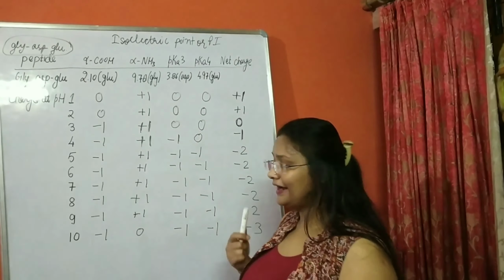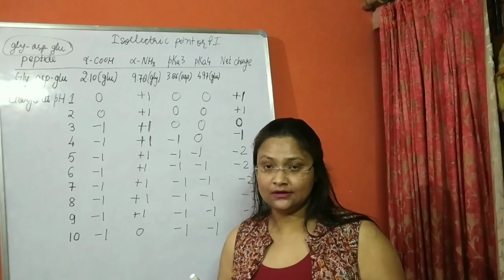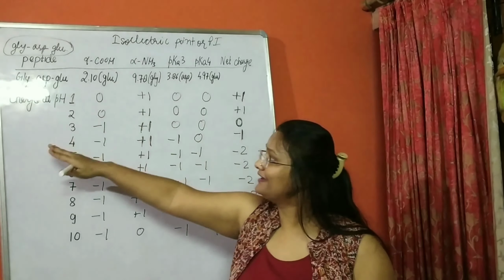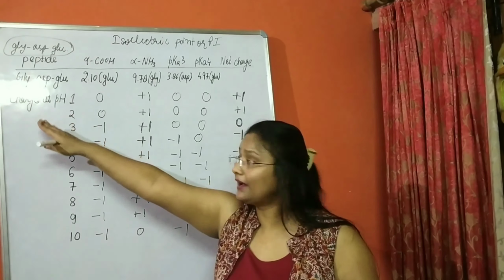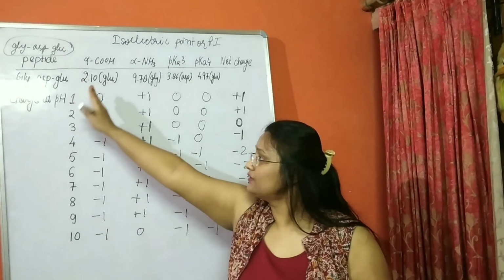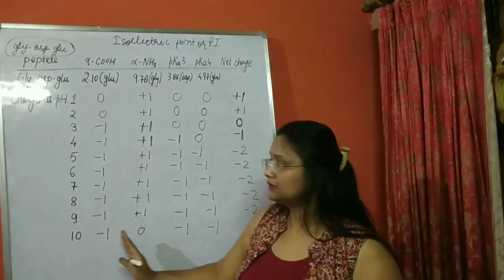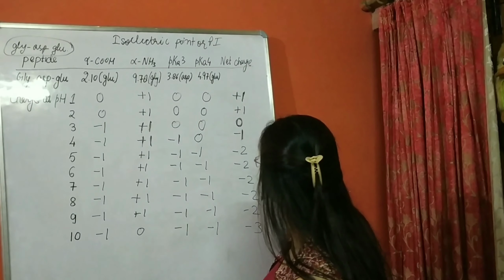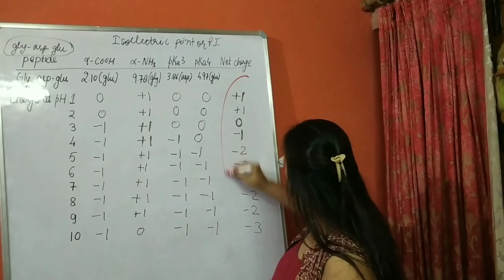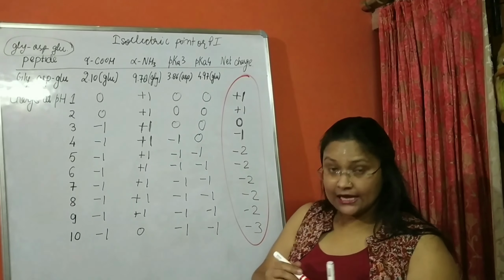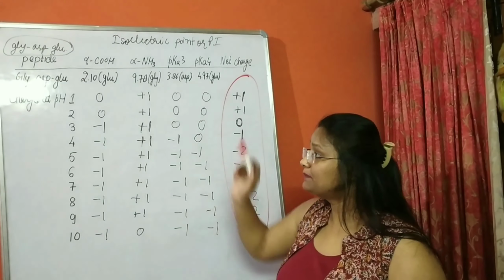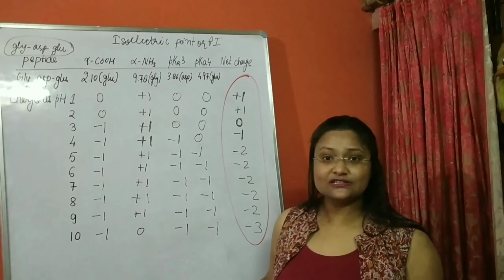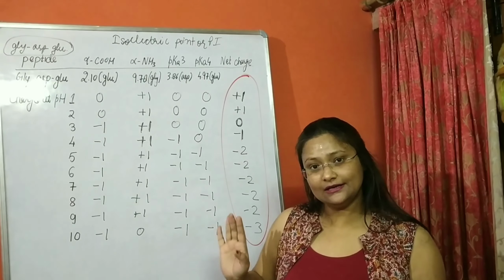Now, I told you about the rule. We will find out the charge on a particular peptide at all the pH, then look at the net charge. And we will find out the pH at which net charge is approaching 0 or is 0.